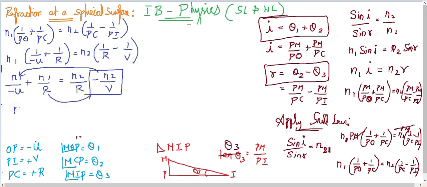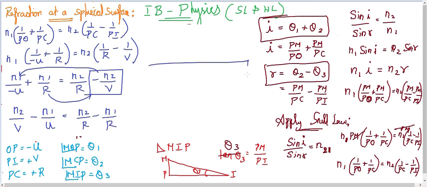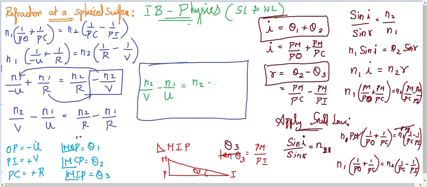So what we'll get is n2 divided by v minus n1 divided by u is equal to n2 divided by R minus n1 divided by R. So the final answer goes like this: n2 divided by v minus n1 divided by u is equal to n2 minus n1 whole divided by R.